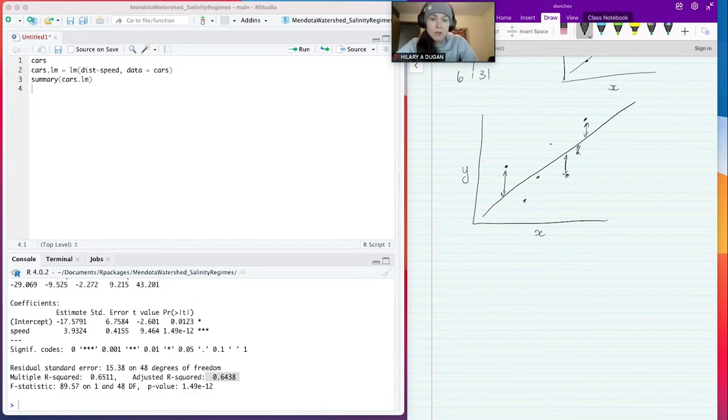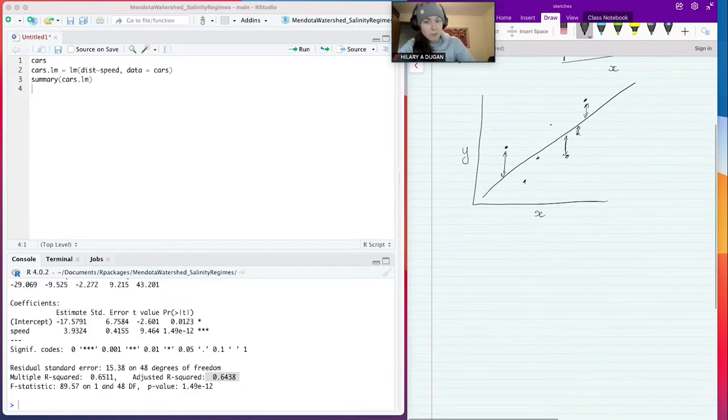And so the goodness of fit, how we actually decide on the formula for that line, is by minimizing the sum of squared errors. Each one of these errors can be thought of as the actual value y minus the fitted value, y hat.